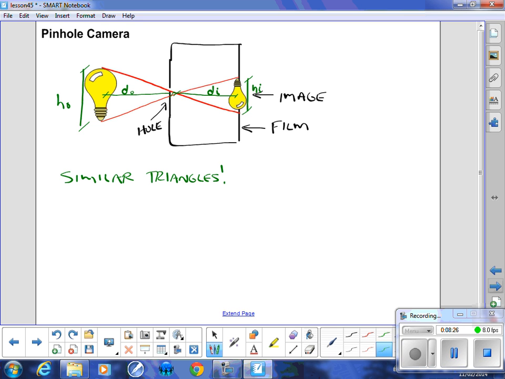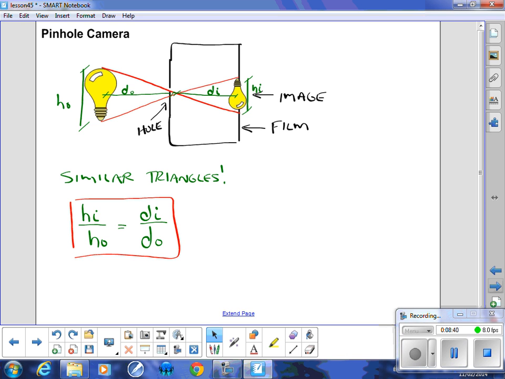That means there is a proportional relationship, and we find that the height of the image divided by the height of the object is equal to the distance of the image with respect to the distance of the object. So that is our formula for the pinhole camera.